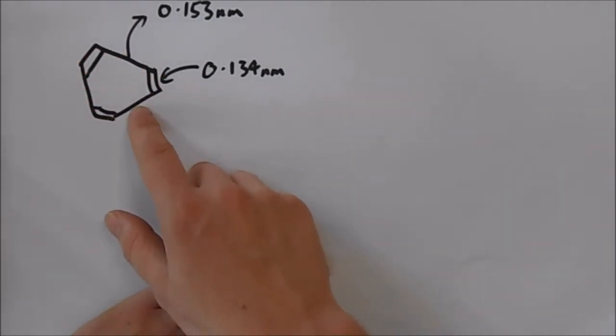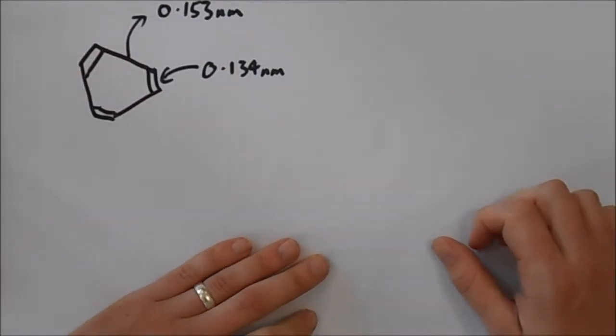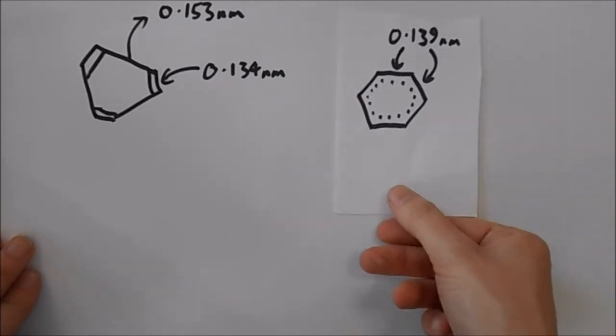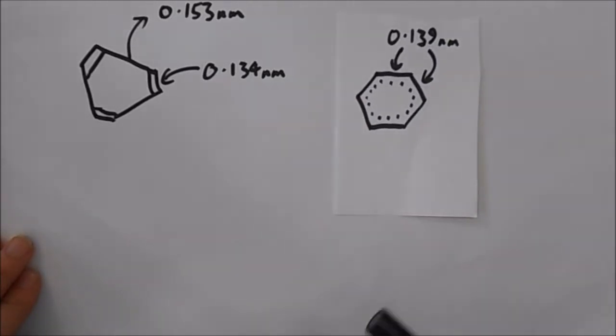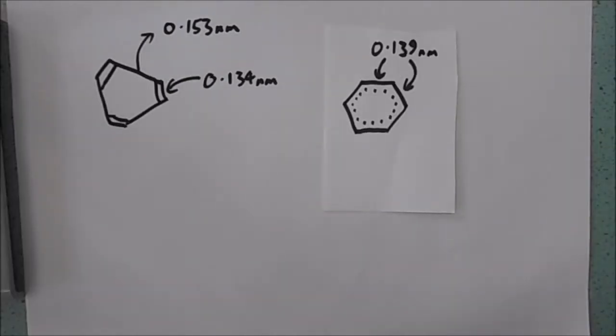These are shorter than those. I've exaggerated it. But benzene is actually a perfect hexagon, we found, with X-ray diffraction, with a bond length of 0.139 nanometers.